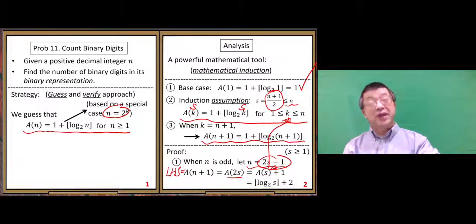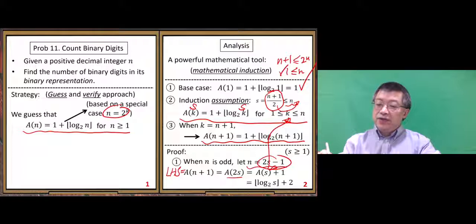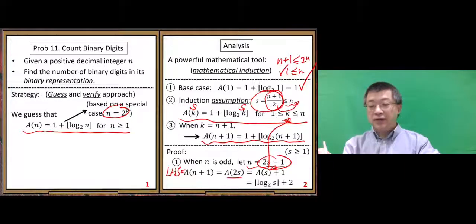You can see easily, you multiply by 2: n plus 1 is less than or equal to 2n, so 1 is less than or equal to n. This is correct, right? So this s expression is less than or equal to n, and definitely greater than or equal to 1.